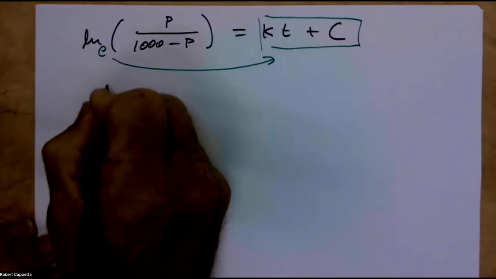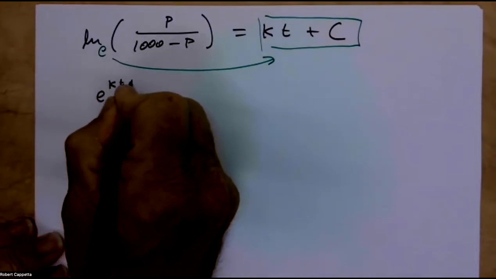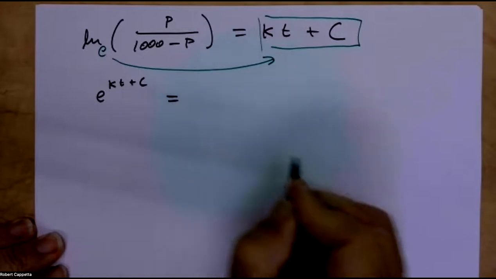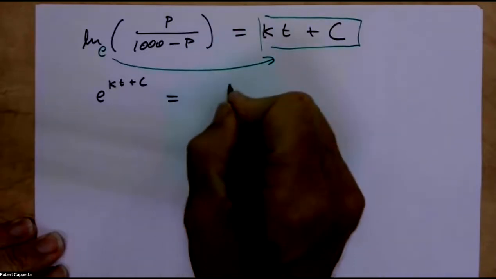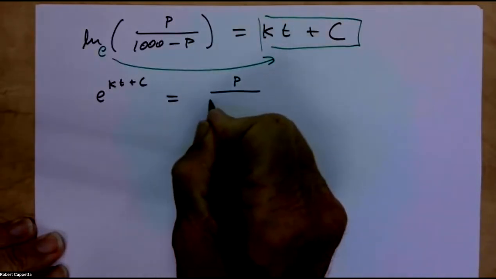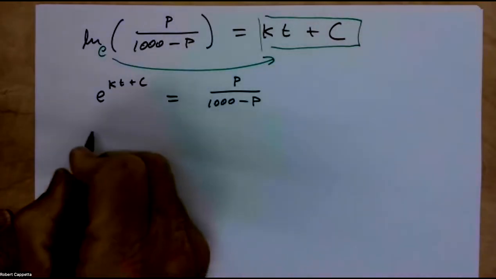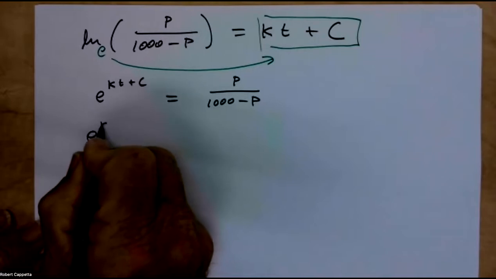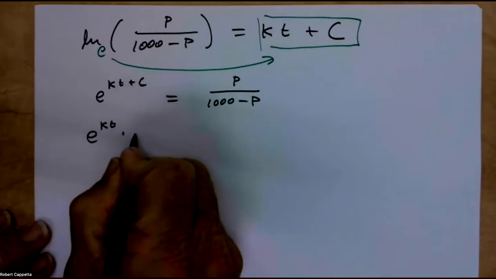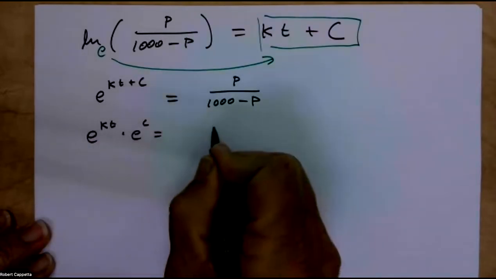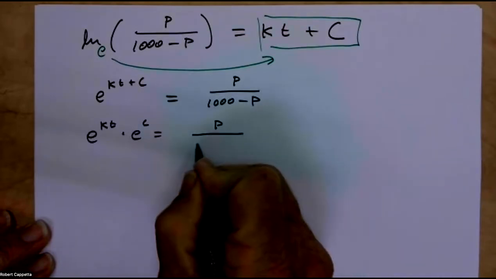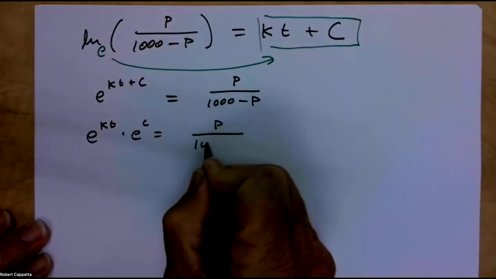E to the kt plus c is p over 1,000 minus p. Then what? E to the kt times e to the c equals p over 1,000 minus p.